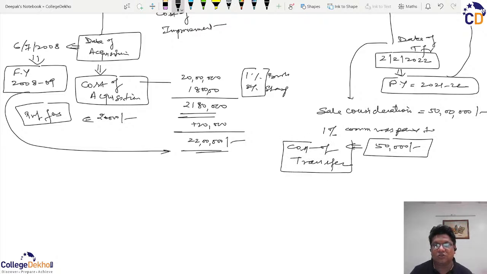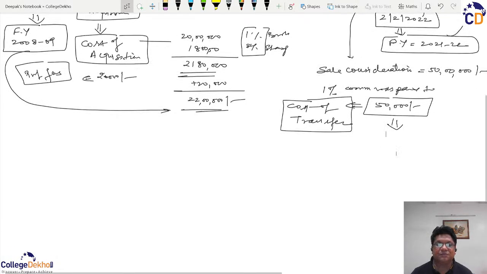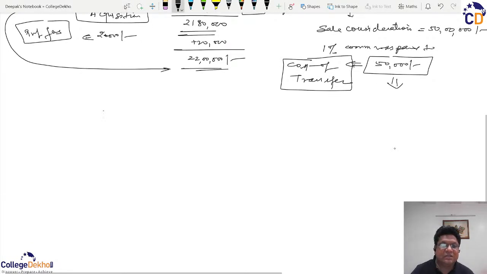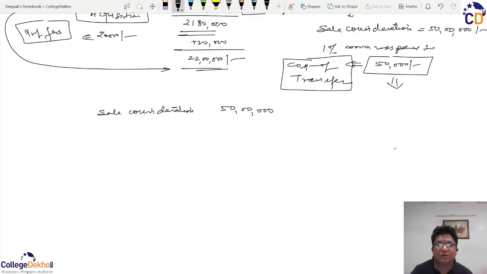So in this example, the sale consideration is 50 lakhs and the cost of transfer is 50,000. So this 49 lakh 50,000 denotes the net sale consideration.